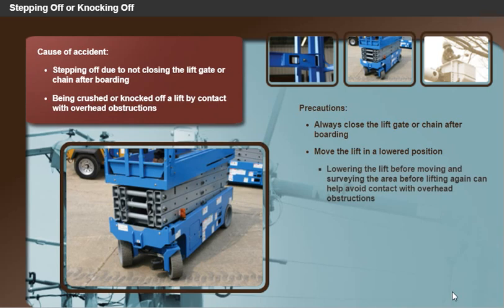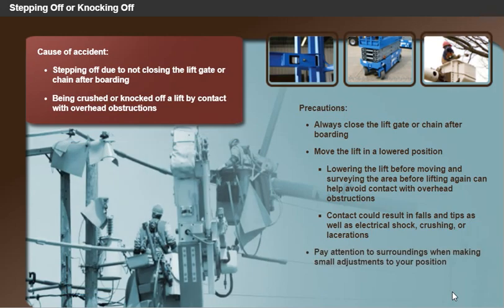Lowering the lift before moving and surveying the area before lifting again can help avoid contact with overhead obstructions. Contact could result in falls and tips, as well as electrical shock, crushing, or lacerations. Pay attention to surroundings when making small adjustments to your position, and always look in the direction you are driving.